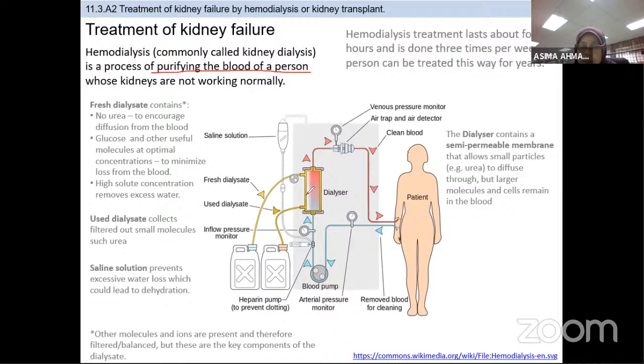Okay, so bila pump into this dialyzer with the presence of semi-permeable membrane, urea will diffuse through the semi-permeable membrane right into the dialysate. But then large molecules and cells remain in the blood. So preventing other large molecules passing through, so that they remain lah dalam blood of the patient tu. Maksudnya berjaya tak dia nak remove urea tadi? Berjaya lah.